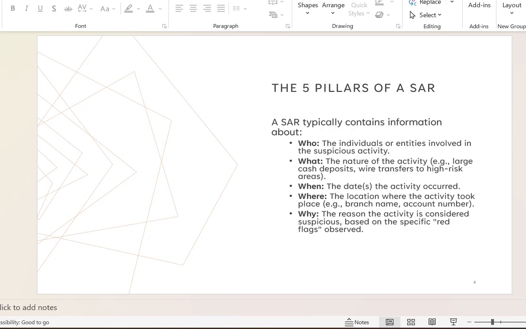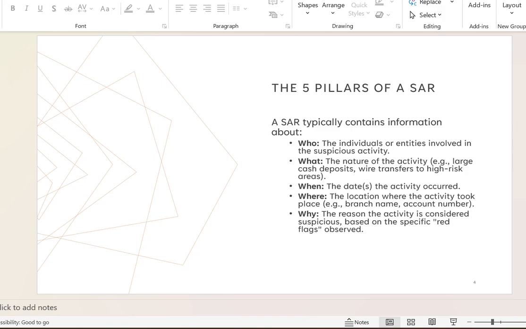And the why: the reason the activity is considered suspicious, based on specific red flags and observations. Based on all this data, the compliance officer or compliance manager will decide this is suspicious activity that needs to be reported, and they will file it with the financial intelligence unit. These are the five pillars of the SAR.